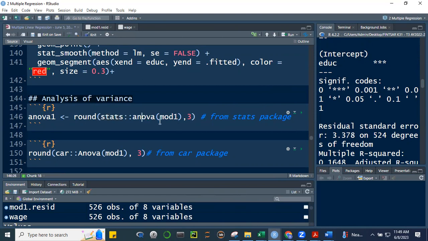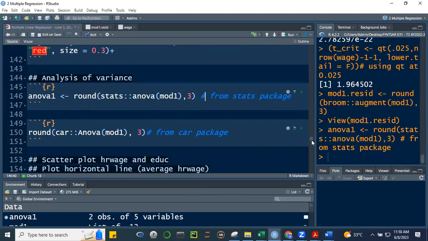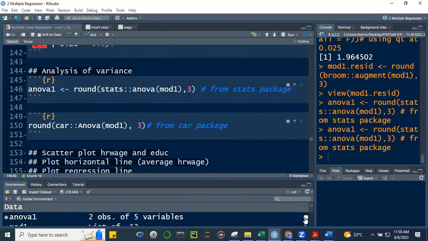Okay, here I'm just rounding off the output to 3 decimal places. So this is from the stats package, which you don't need to install because it comes already preloaded with R. Okay, and then it will generate an analysis of variance, which I'm sure you discussed before in your elementary stuff. No? So if I run this, okay, take a look at this. Run, and then si anova. No? So i-print lang natin to.